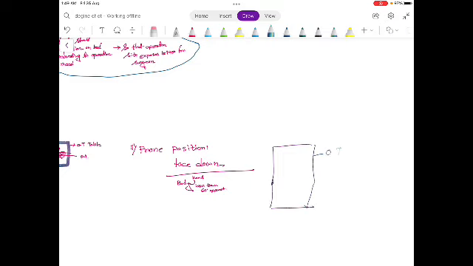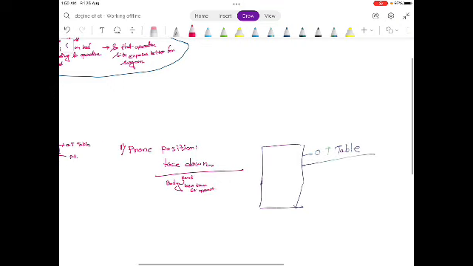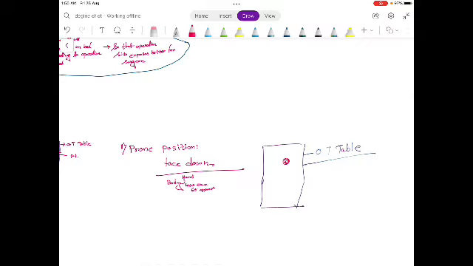So we can think of this as the OT table and patient. This is his head, right?